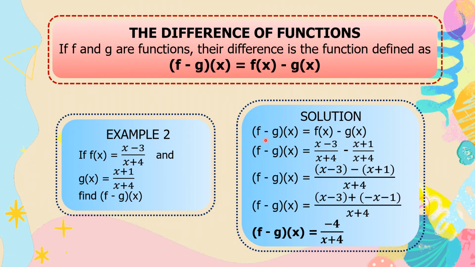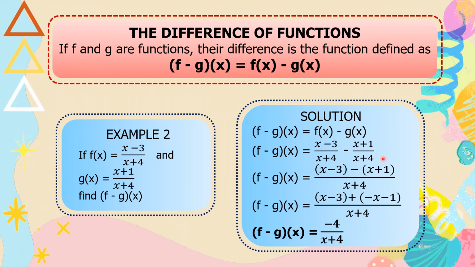So, we have f minus g of x is equal to f of x minus g of x. So, kopyahin natin ulit yung f minus g of x equals, palitan na natin yung f of x ng kanyang value, which is x minus 3 over x plus 4 minus yung g of x naman natin is x plus 1 over x plus 4.